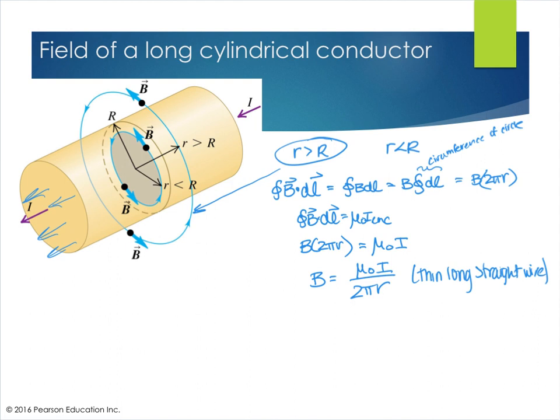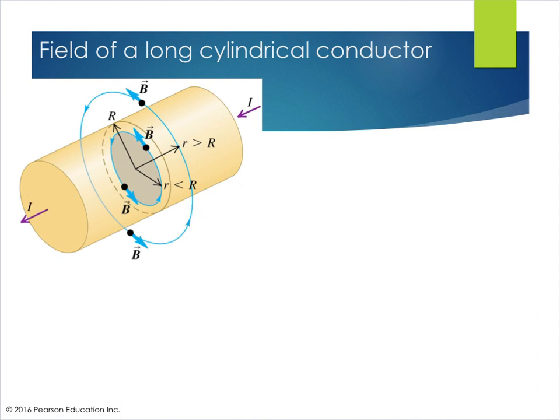Now let's look at what happens if we look at a distance that is within the conductor. Now for that, we're looking at this expression. We assume that the magnetic field inside will still look the same in that it'll form circles.